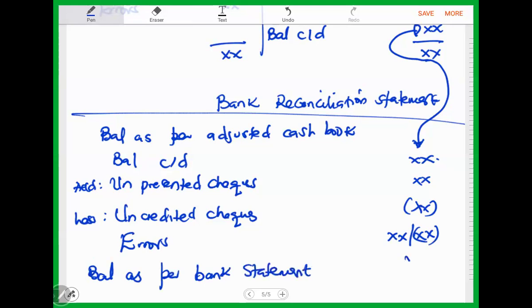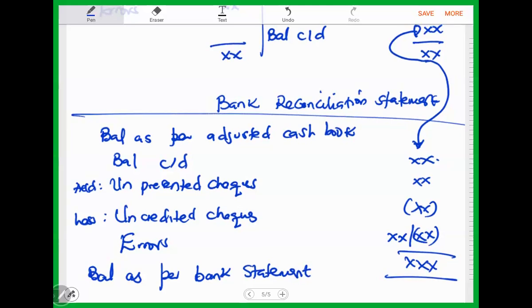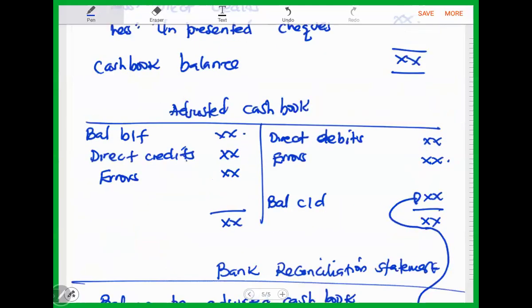Excuse me, yes. Where do we put dishonored checks? Now the dishonored checks won't be in this. This one is not conclusive. This adjusted cash book is not conclusive. What I wanted to make here is a note.